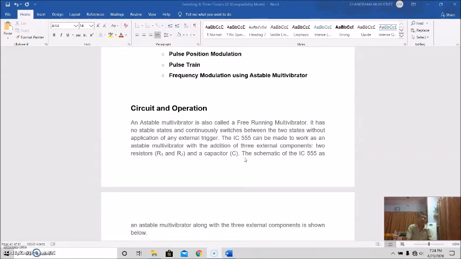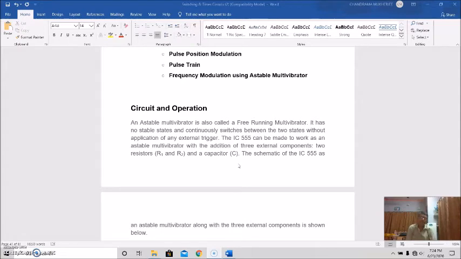Since it has no stable states and continuously switches between the two states without application of any external trigger, that's why it is called free running. It switches from one state to another and doesn't have any stable state, so that's why it is astable.